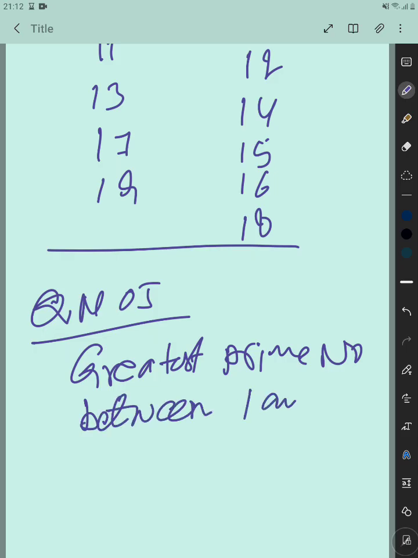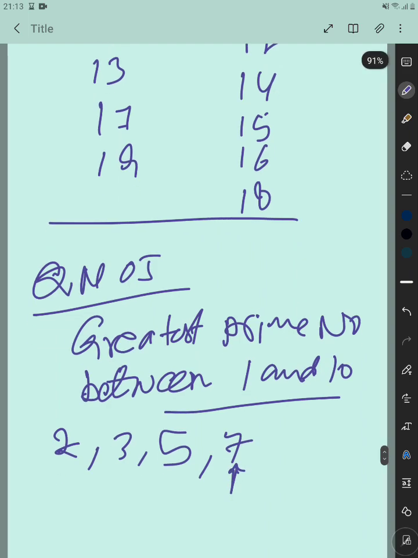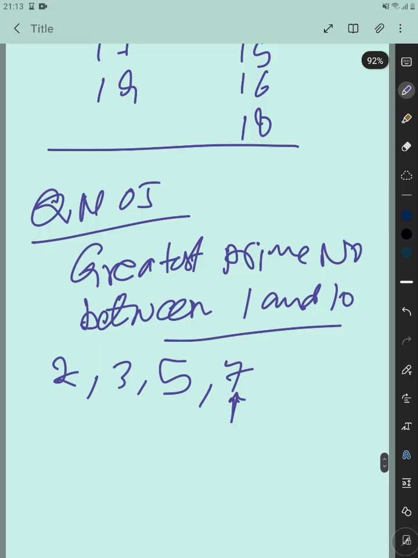So we'll write down all the prime numbers between 1 and 10, and the highest number will be the answer. It starts with 2, 3, 5, 7. So 7 is the highest prime number between 1 and 10. So your answer is 7.